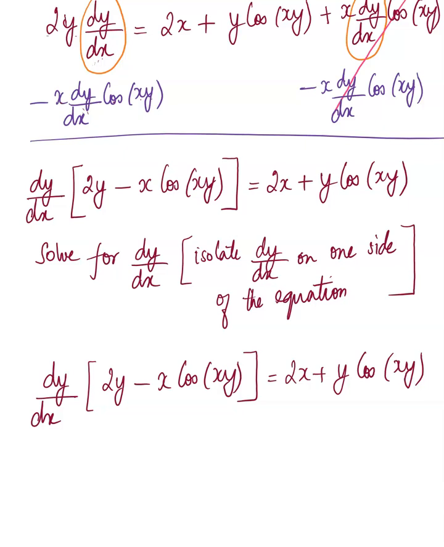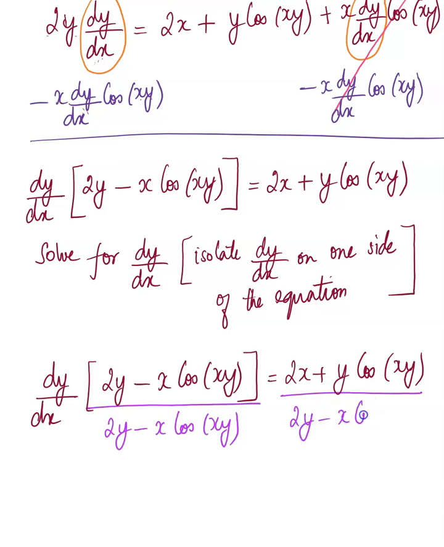Okay, in order to get dy by dx by itself, I have to divide this out, right? 2y minus x cosine xy, this needs to be divided out on both sides, of course. So that this whole thing, this factor and this factor cancels off.